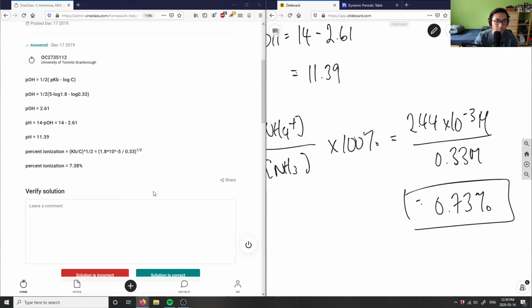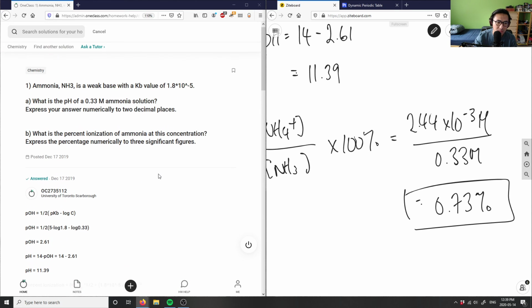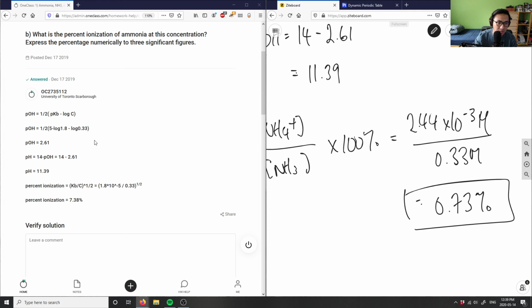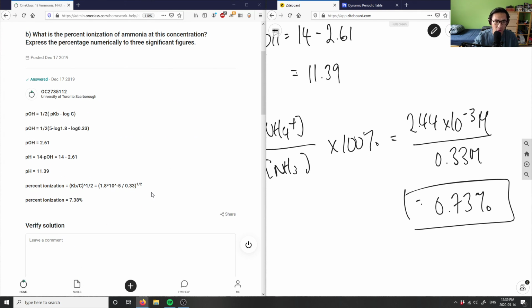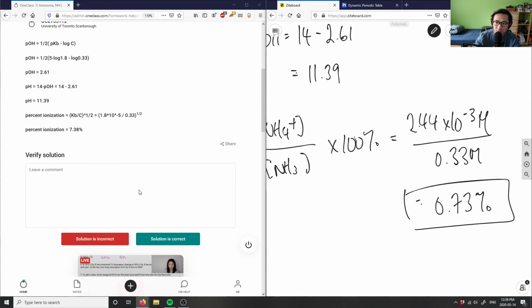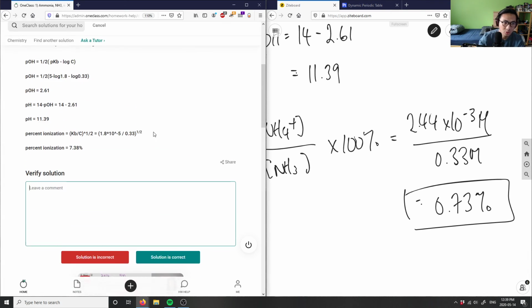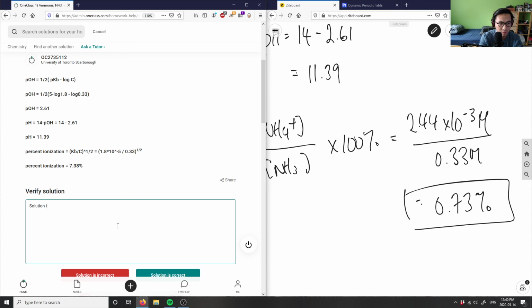I think it's maybe some type of error, because what they did was they had Kb over C, and I don't know what C is here. I think C would have been the concentration, and they square rooted both of these. So I don't know where they got this kind of equation, but 0.73 should be our solution. So the solution here is partly correct.